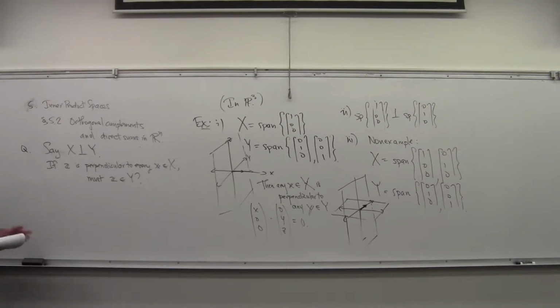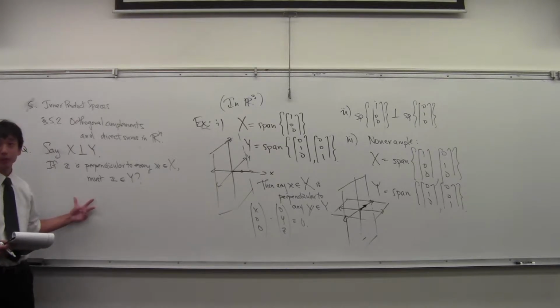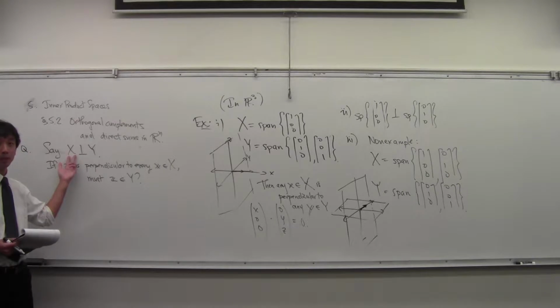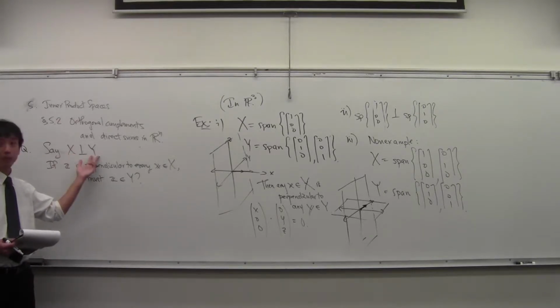Okay, so you've got these two subspaces, they're perpendicular to each other, and you have this vector that's perpendicular to everybody in one of them. Are we saying that it has to be in y, that it will be in y?